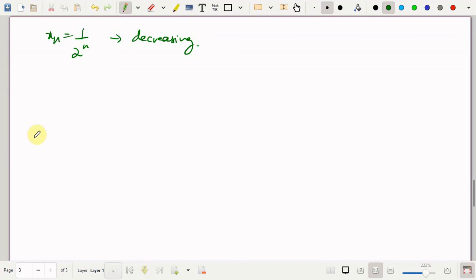So there are certain sequences, for example xn is equal to minus 1 the whole raised to n. This is not increasing because it does not satisfy the definition of an increasing sequence, nor is it decreasing because it does not satisfy the definition of a decreasing sequence. So why is it not increasing? If you are able to find a natural number n wherein xn is greater than xn plus 1, so xn is not less than or equal to xn plus 1.